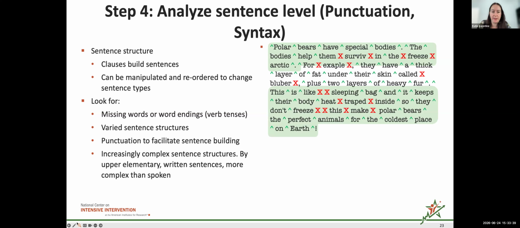The bodies help them survive in the freezing Arctic. There's technically no sentence level error in this. They did a really nice job with having all the components of the sentence. They have punctuation in their sentences, which is really exciting to see. But we could help this student increase the complexity of their sentences by combining the first two sentences. For example, it could read, polar bears have special bodies that help them survive in the freezing Arctic.